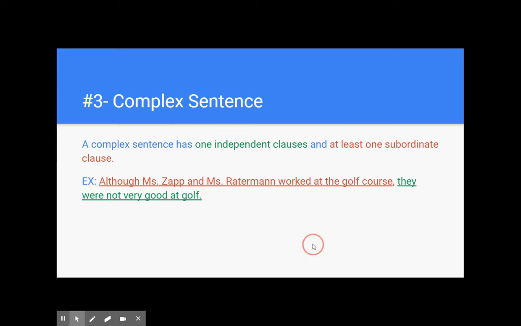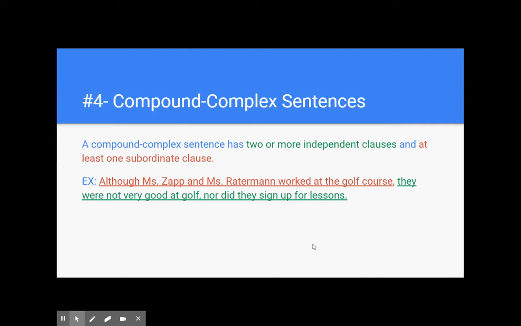Finally, your 4th and final type of sentence is a compound complex sentence. So in this scenario, you will have 2 or more independent clauses and then at least one subordinate clause. So we have that same subordinate clause from earlier. Again, we already know it's going to be a subordinate clause because we have that word although. That was one of our AWUBIS subordinating conjunction words. So although Ms. Zapp and Ms. Rotterman worked at the golf course, we'll need a comma there, okay?